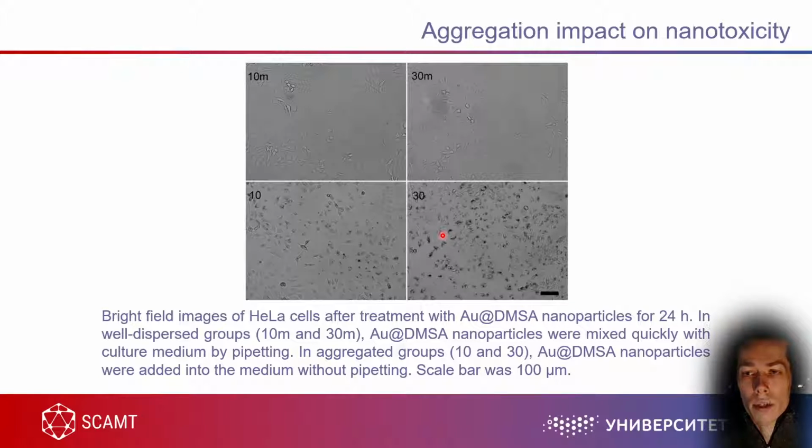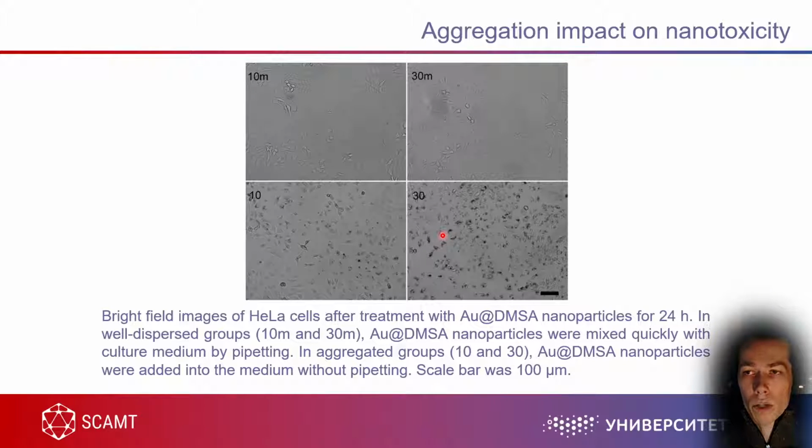There are a lot of ions, like potassium, magnesium, sodium, and so on. These ions will decrease electrostatic stabilization and will eliminate any electrostatic stabilization features of these particles. When you're using just electrostatically stabilized particles, produced by reduction methods, they will definitely aggregate in culture media. This is true for gold particles, silver particles, or magnetite particles.